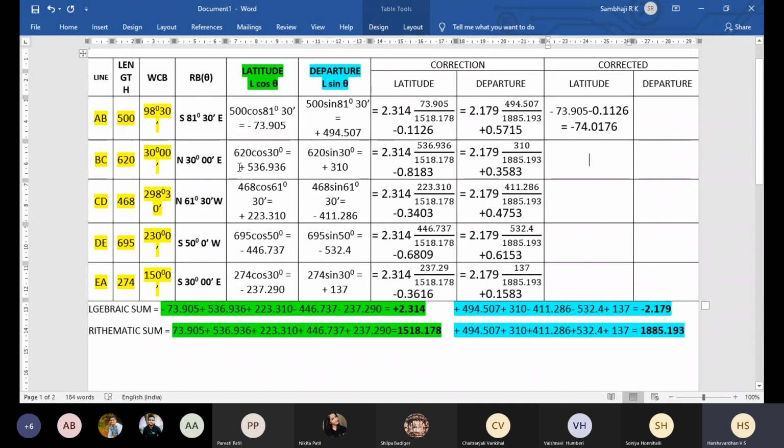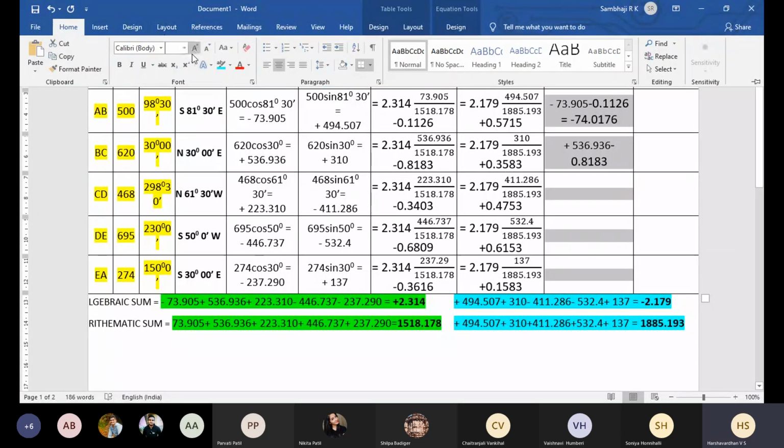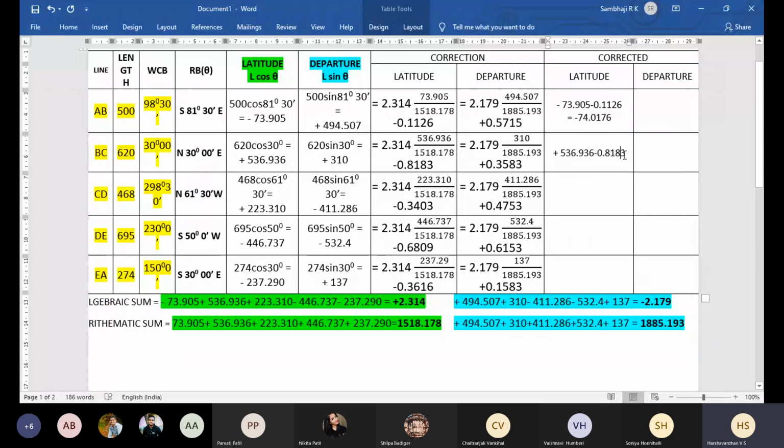Okay, next plus 536.936 and corresponding correction is minus 0.819. The answer is plus 536.117.